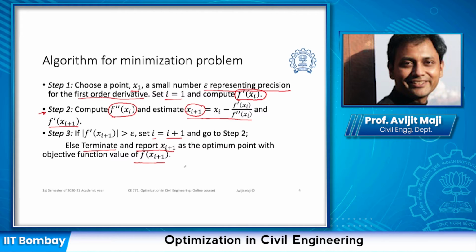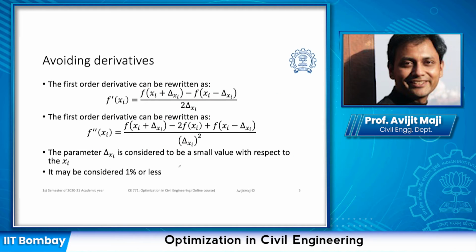In this, as we said, we need to do the derivation. However, there is also a roundabout way without deriving the two derivatives, the first order derivative and the second order derivative. In this case, again we can use the Taylor series expansion and rewrite the first order derivative as this function.